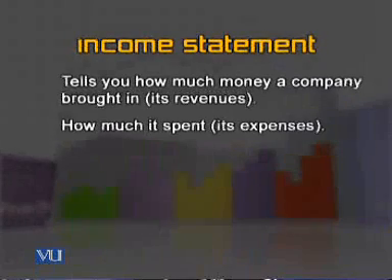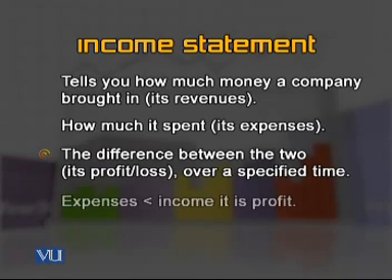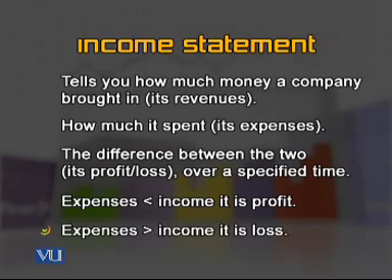So, the income statement tells about the income and revenues and the expenditures, and the difference between the two, the profit or the loss over a specified term. Let's assume 1 year. अगर तो जाहिर है इनकम ज़्यादा है, एक्सपेंडिचर्स कम है तो प्रॉफिट है, और अगर एक्सपेंसेस ज़्यादा है, इनकम कम है तो लॉस है.